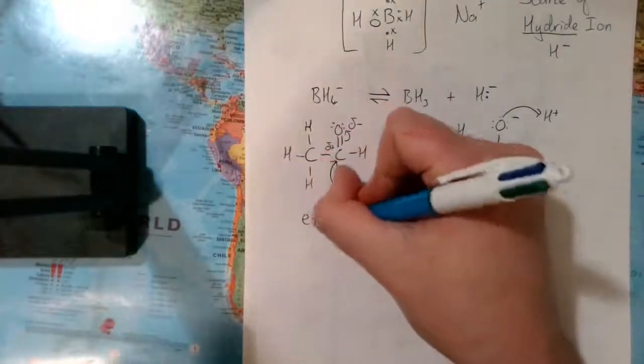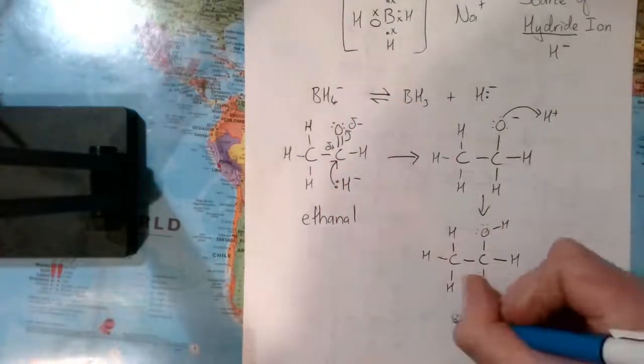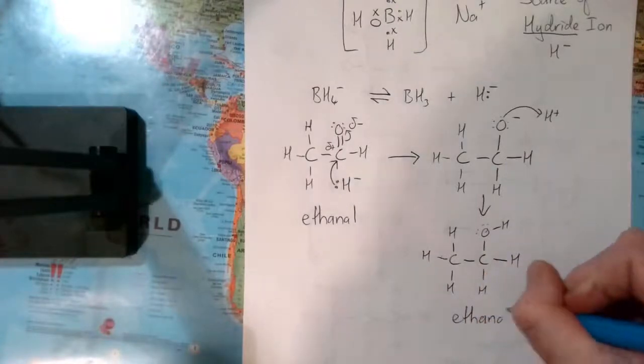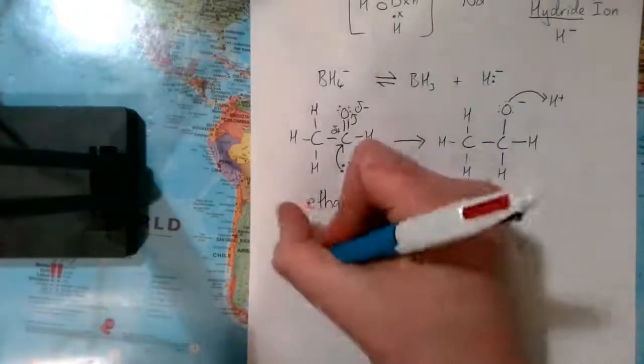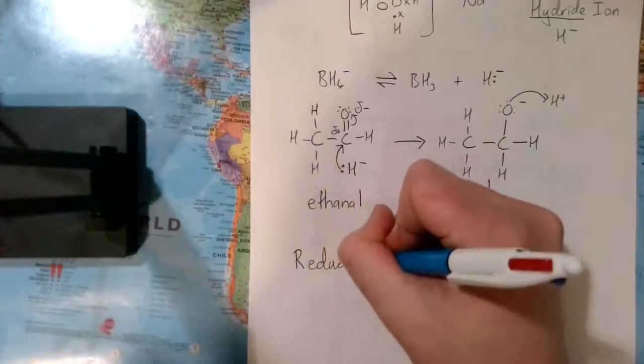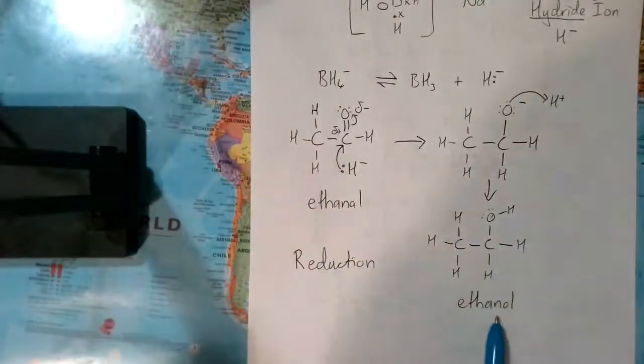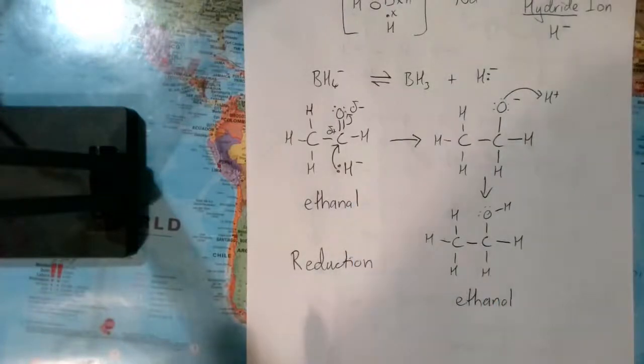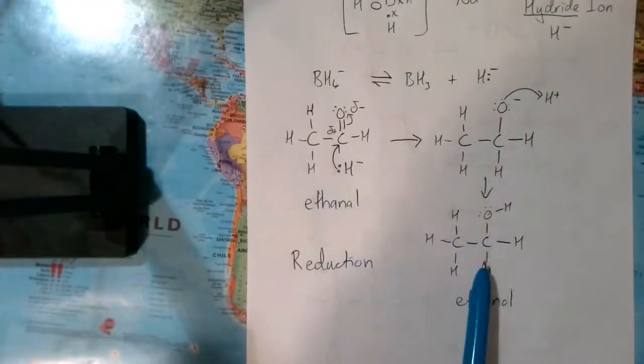And we have therefore turned ethanal into ethanol. The type of reaction that we've done here is a reduction, because you've previously come across ethanol being oxidized to ethanal. Well, this is reversing the process.